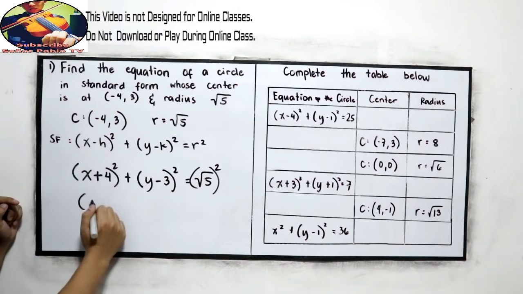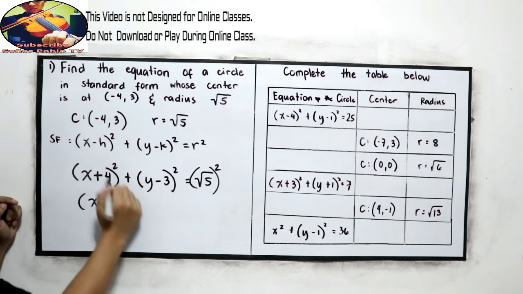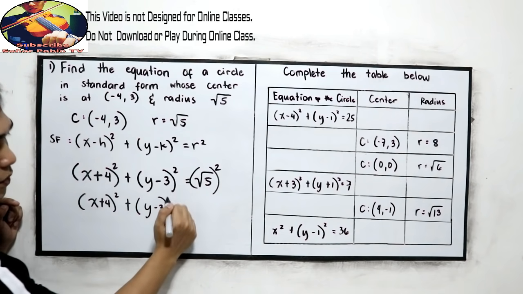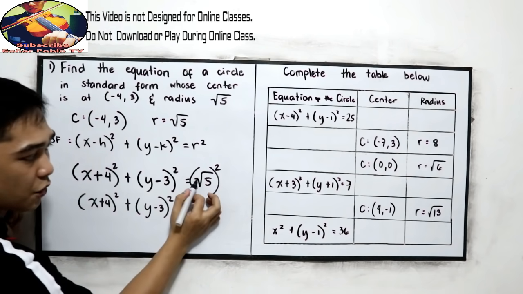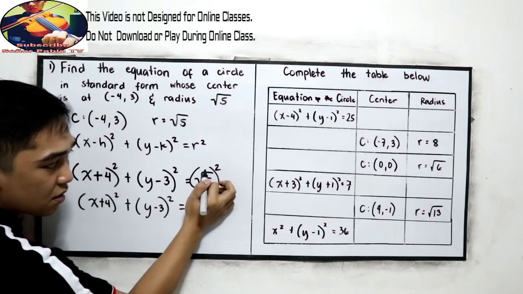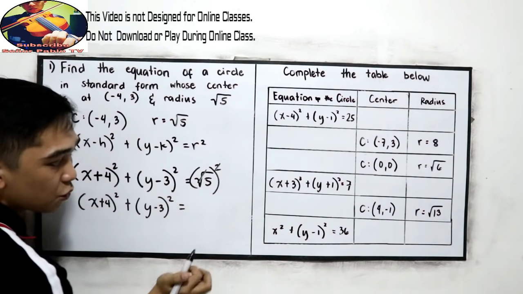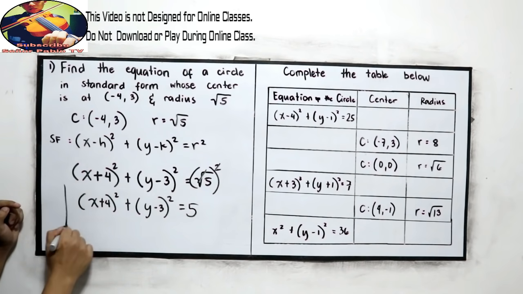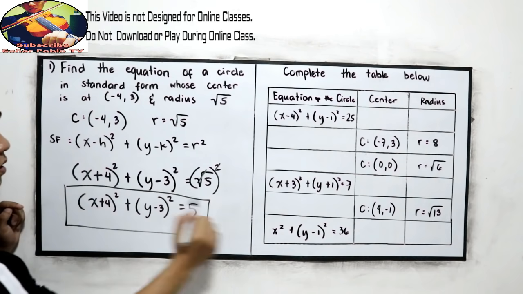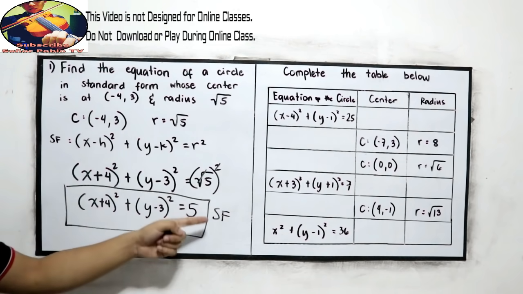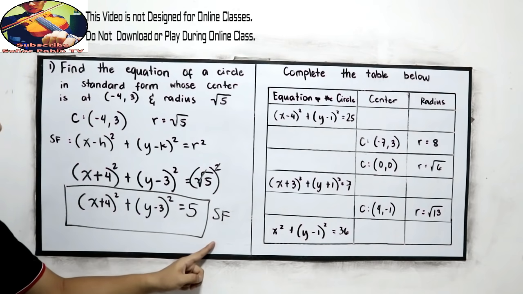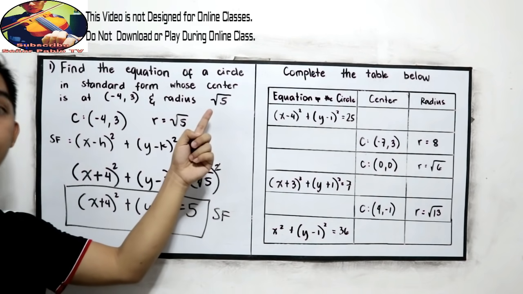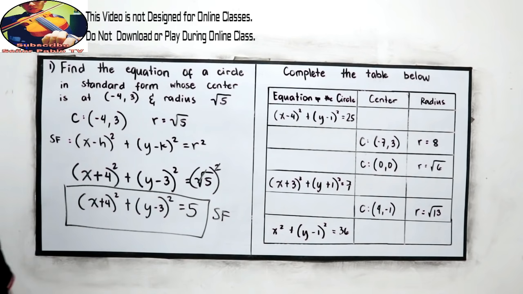So our final answer is (x plus 4) raised to 2 plus (y minus 3) raised to 2 is equal to, if we simplify this, the square root and square will be cancelled out, so it is equal to 5. This will be the standard form of our circle, if the given is the center and the radius. Okay, that's it.